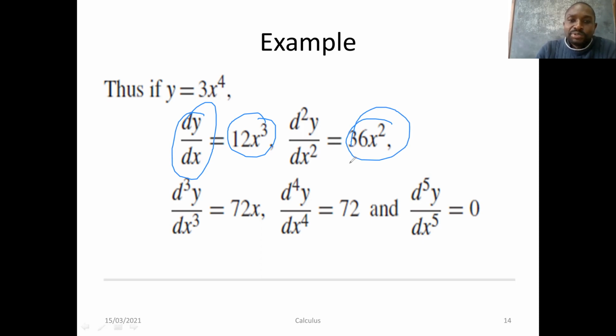You can also choose to differentiate the second derivative a third time, which will be 2 times 36, which is 72. x to the power 2 minus 1 just gives you x. Therefore, the final answer becomes 72x. That becomes the third derivative.